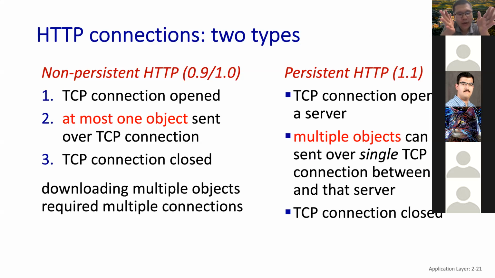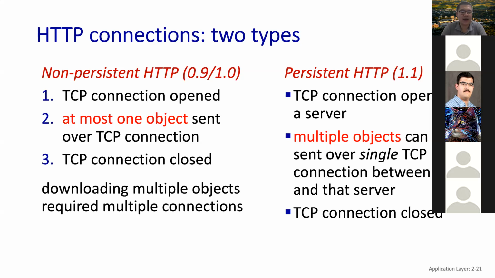Here is a quick explanation of why we need two different types of HTTP versions. A simple sentence to explain the difference is that non-persistent HTTP sends and receives at most one object over one TCP connection, but persistent HTTP can send and receive multiple objects.